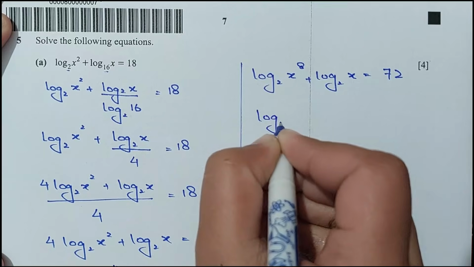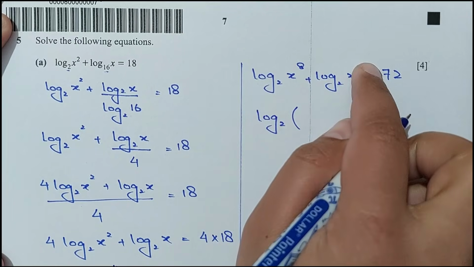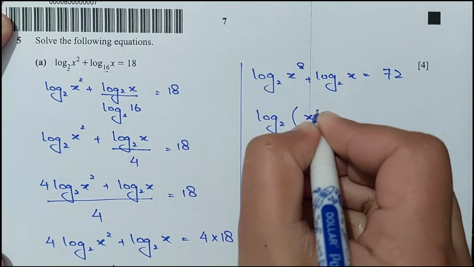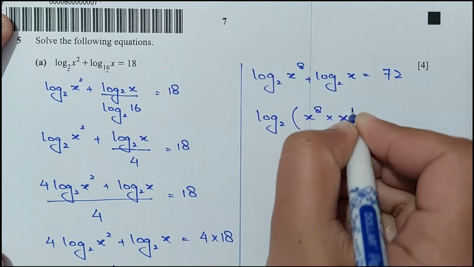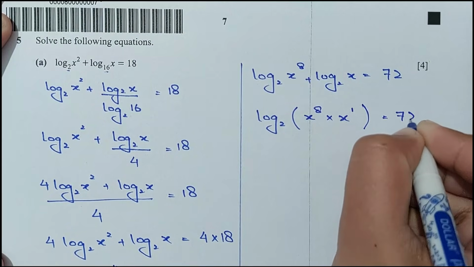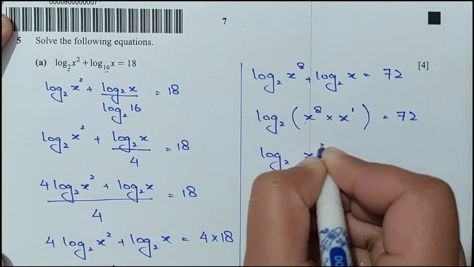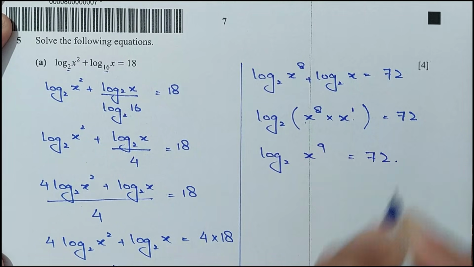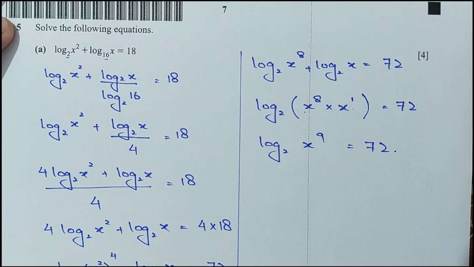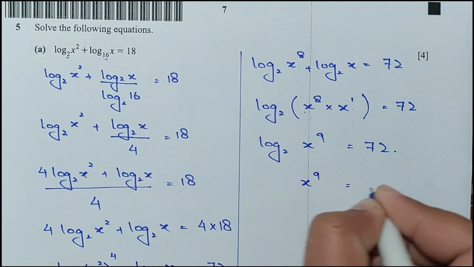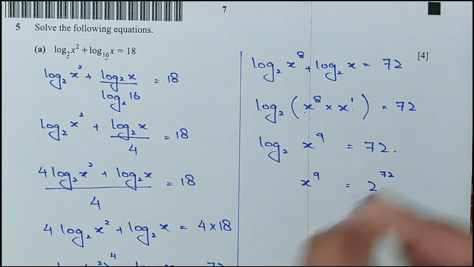Now log base 2, we have x to the power 8 and x, and these are in the sum, so we can do the product: 8 and this is 1. This is 72. When bases are the same, we can add the powers. Log base 2 x power 9 equals 72. Now converting the log into exponential, x power 9 is 2 to the power 72.